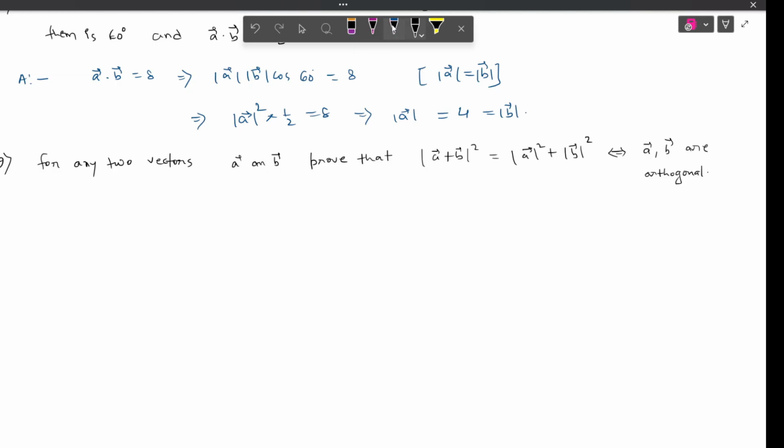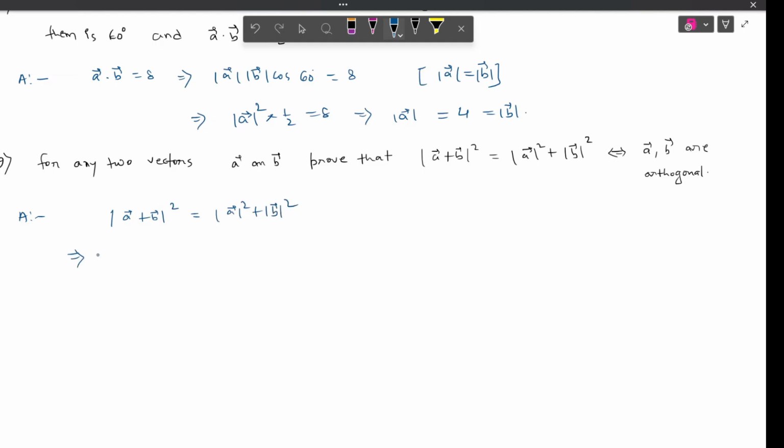So let's see the solution of this question. We are given mod of A plus B square is mod of A square plus mod of B square.